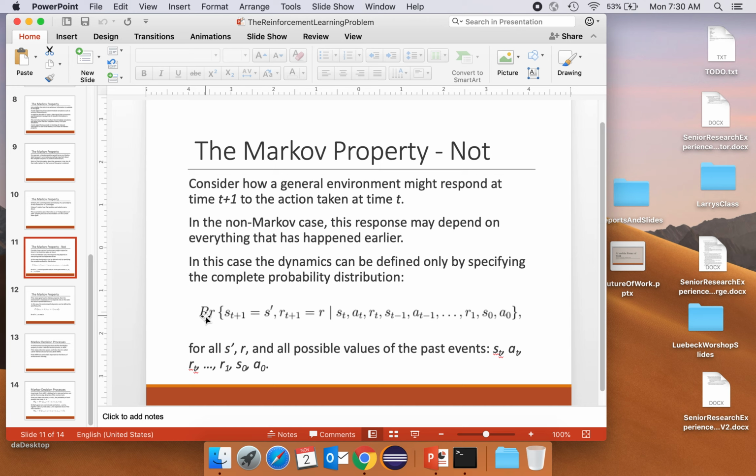We're looking at the situation that we're going to be in, S prime, and the reward that we're going to get as part of our action. It depends on the entire sequence, right? What we did initially, what the initial state was, the reward we got, all the way up to the current one: the reward we got, the action we took, and the state. So we have to have a complete history of everything we have done. If that is necessary, then no, this does not satisfy the Markov property.